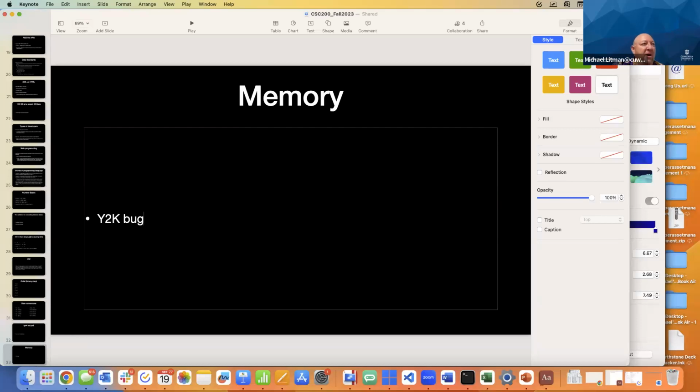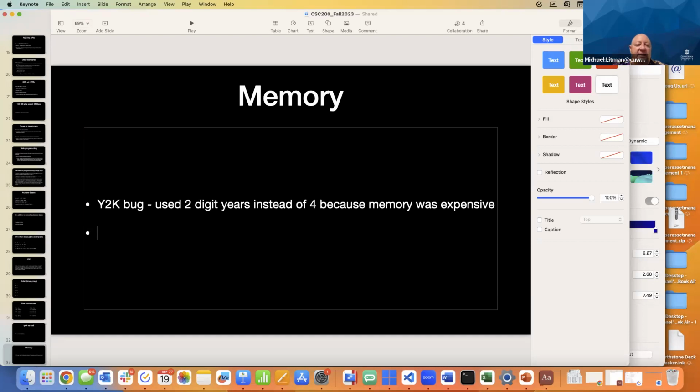The way we think about computer programming today is much more convenient because we don't really worry about that. Memory is cheap. And so back then we said use 2-digit years instead of 4 because memory was expensive. Now let me give you an example.